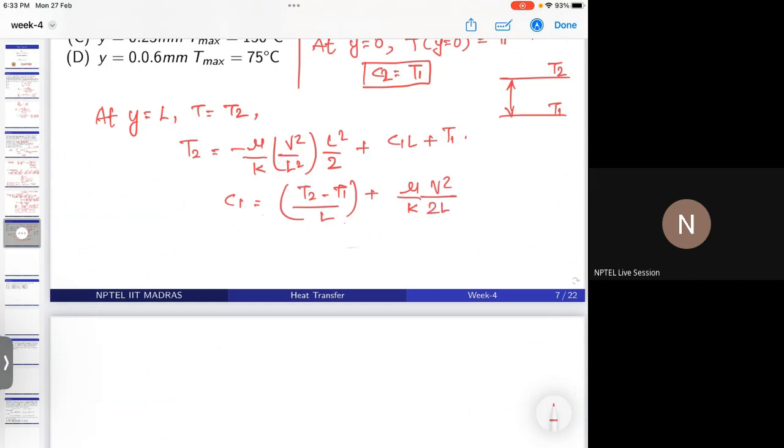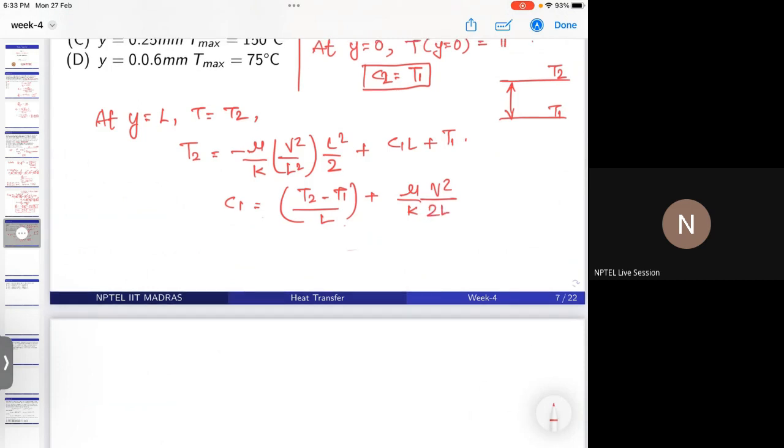If you substitute these constants back, you will get T of y as minus mu by 2K V square by L square into y square plus (T2 minus T1) by L times y plus T1.